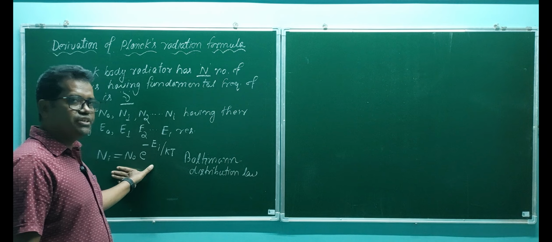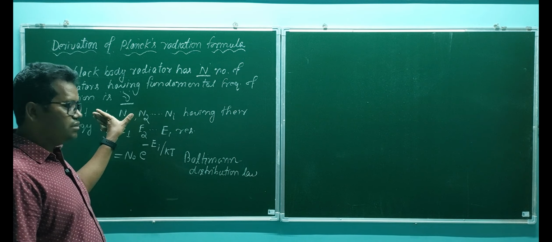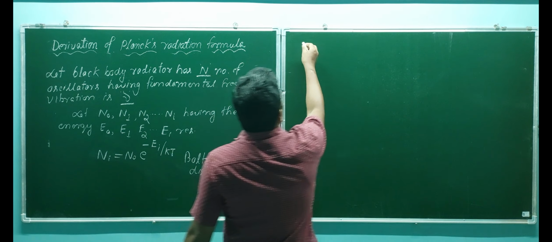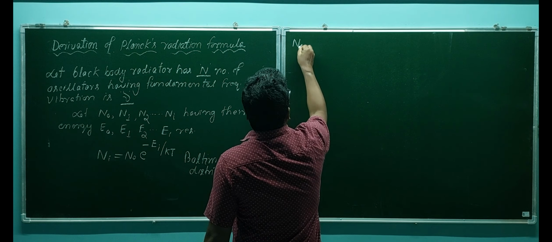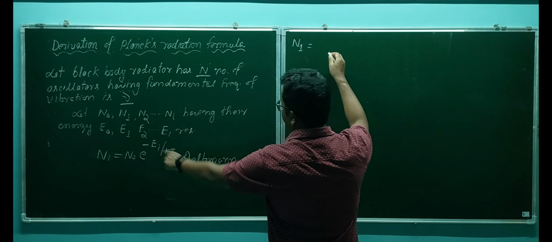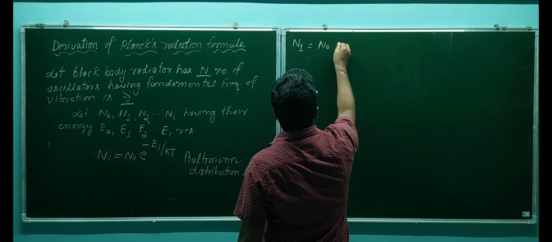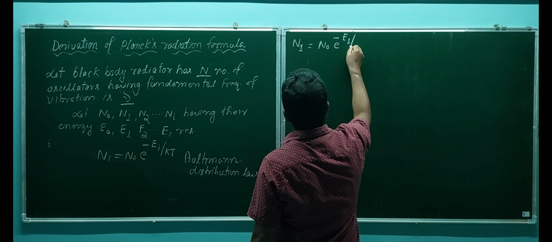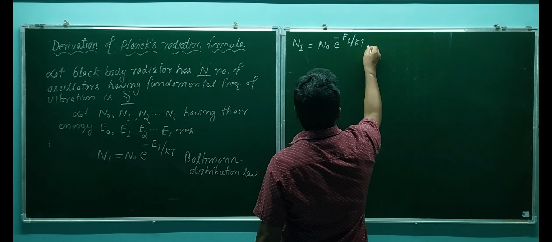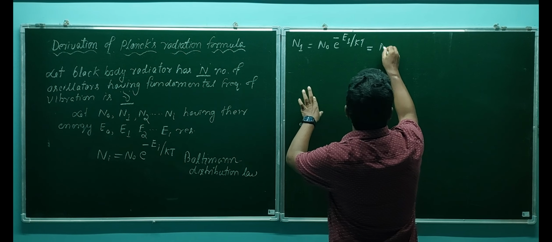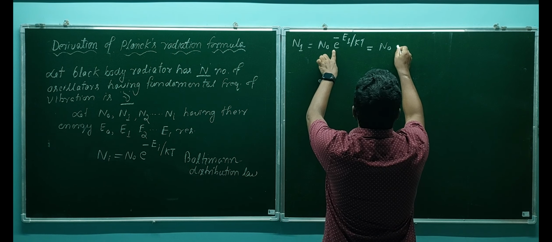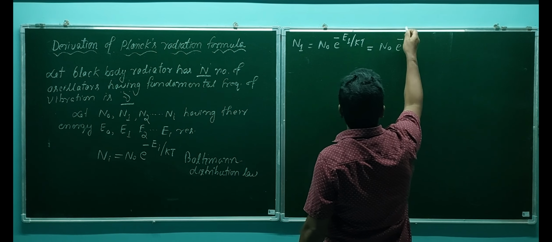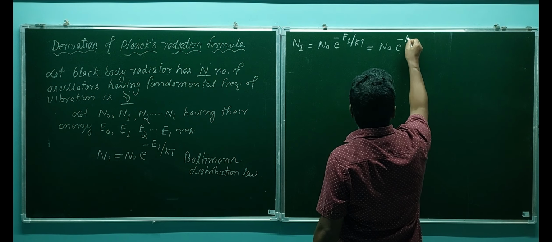Now applying this equation to N1, N2, Ni, we get N1 equal to N0 e to the power minus E1 by kT, equal to N0 e to the power minus h nu by kT, since E1 equals h nu.